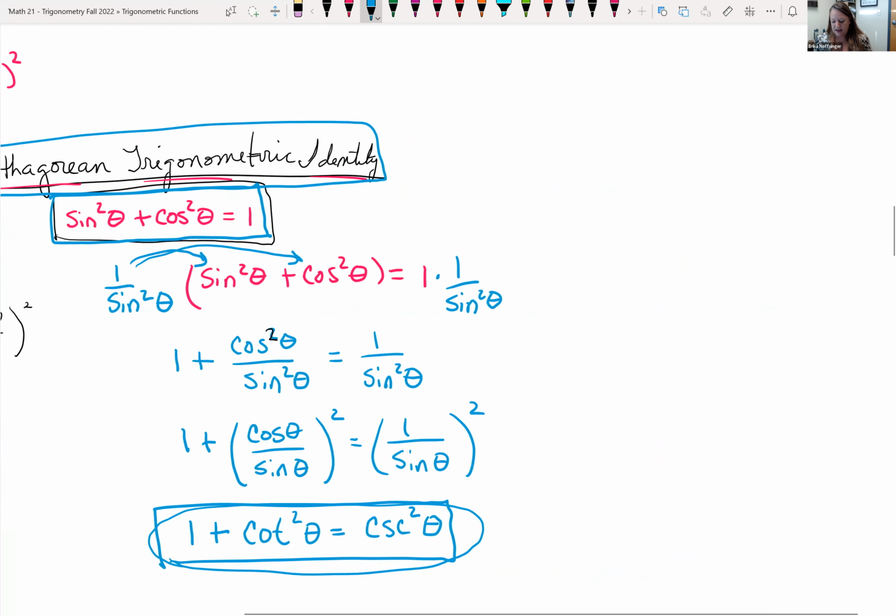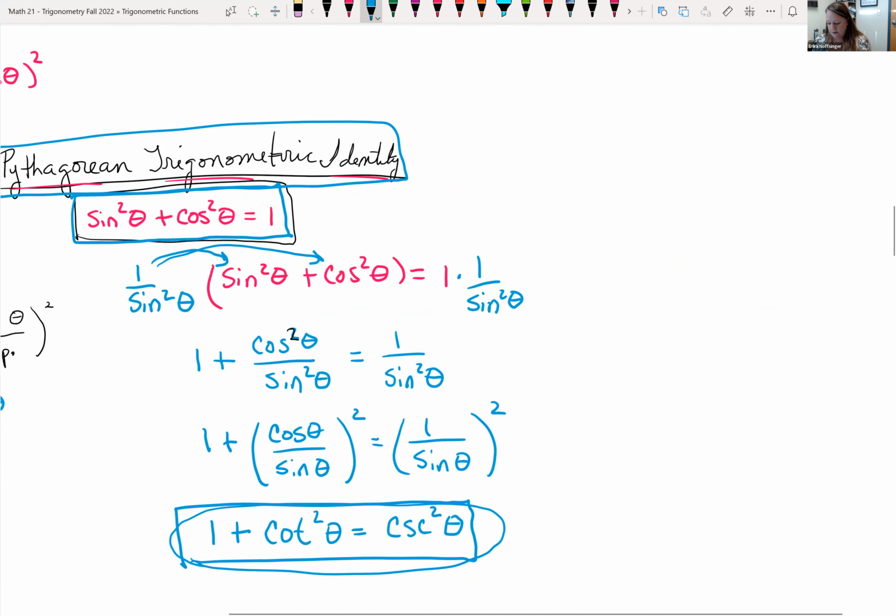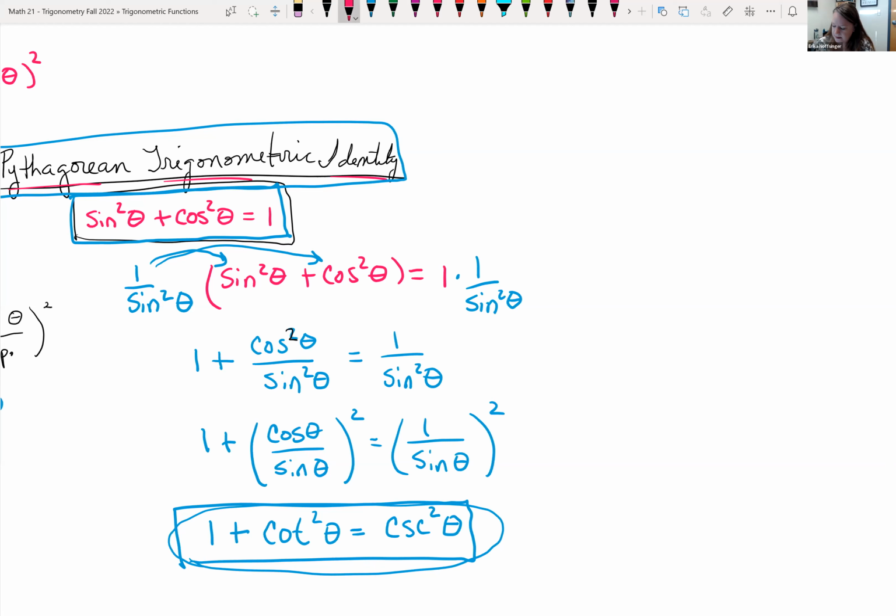So doing that, if we have sine squared theta plus cosine squared theta equals 1, we're going to divide each term by cosine squared theta.